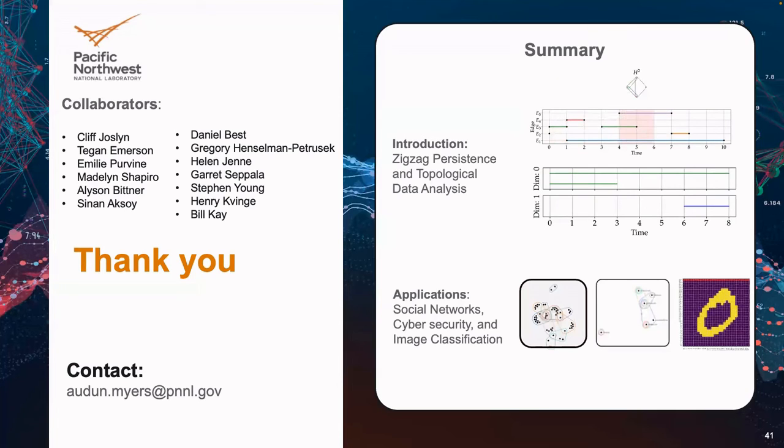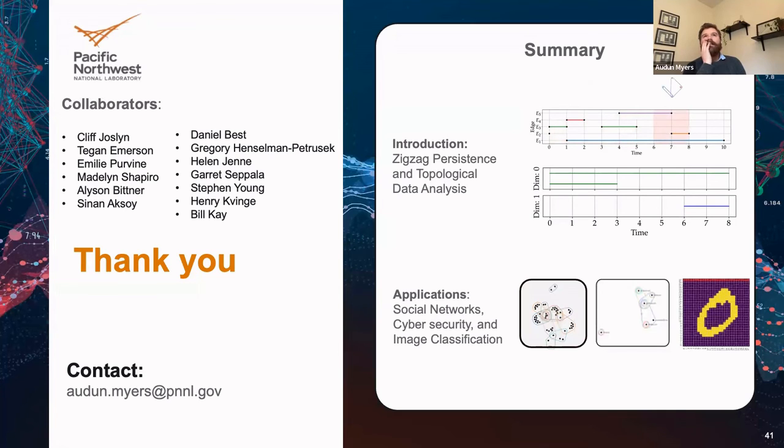I was wondering if you have any applications to maybe using this zigzag persistence as some ground truth, because a lot of these algorithms work with embedding nodes in high dimensional space, and so ideally if you're trying to recover these relationships, you want to preserve the topology, right? So you don't want the embeddings of these nodes to violate the ground truth expectations of what the global structure is. So I was just wondering, have you seen any of that?